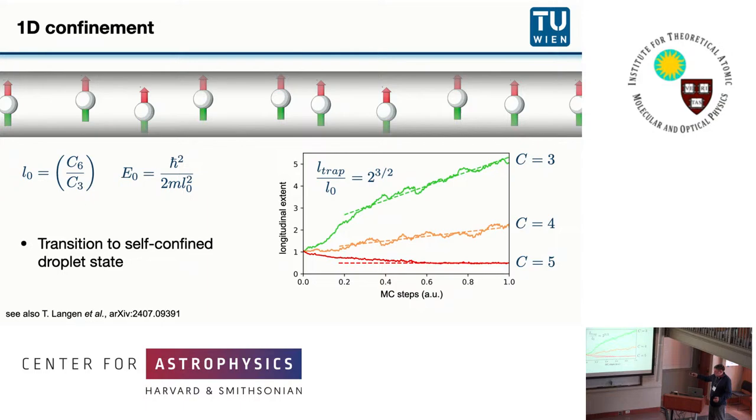So there is still this physics of these quantum droplets, even though the interactions are a little bit different and stronger. And you can basically map out some kind of phase diagram, which I will show in a minute, as a function of this trap, this confinement length, and the strength of the interactions.